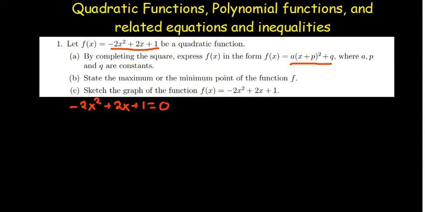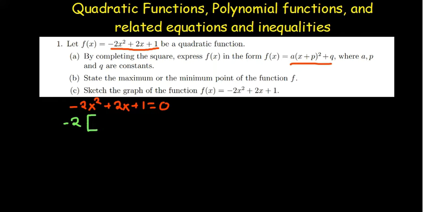Every time you want to complete the square, you need to make sure that the coefficient of your x squared is a positive 1. So in this case, we are going to divide by negative 2. Dividing the entire equation by negative 2 is more like factorizing the negative 2. So I'll factor out the negative 2.